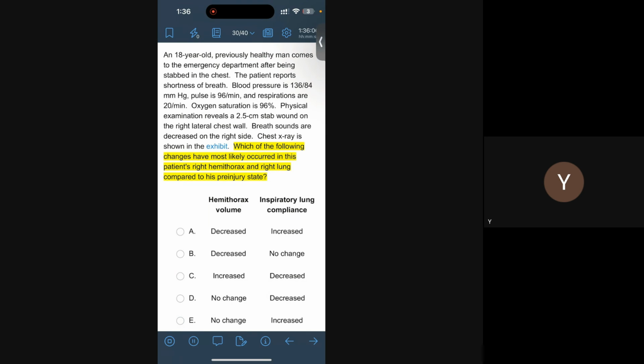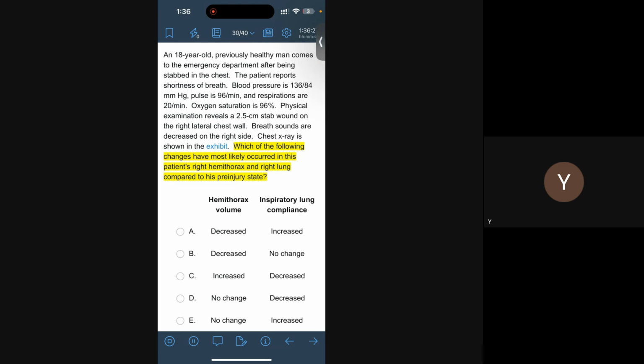Now comes to this. So what will happen to the hemithorax volume? The patient has pneumothorax.